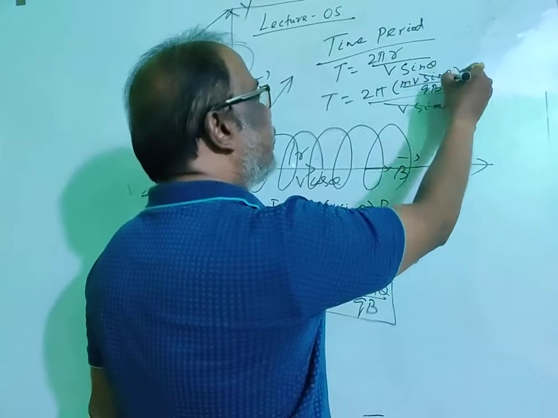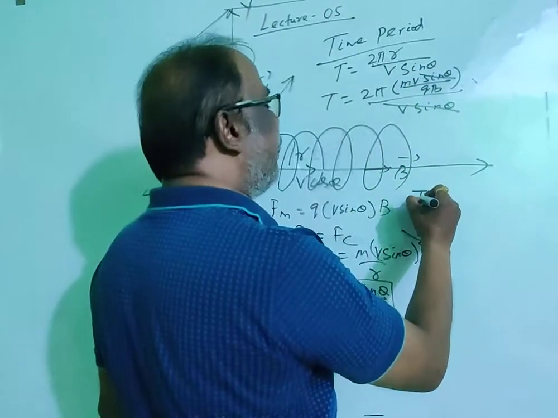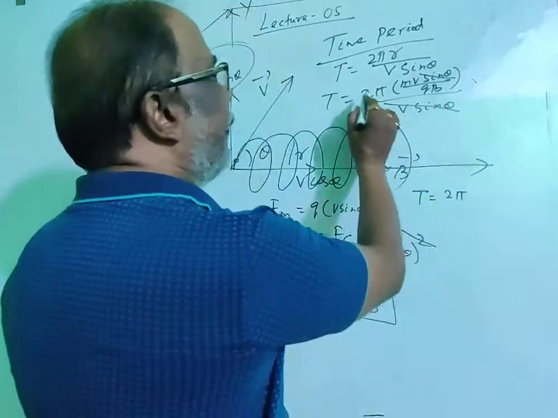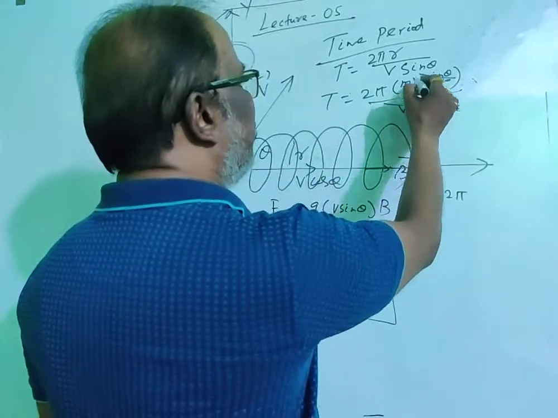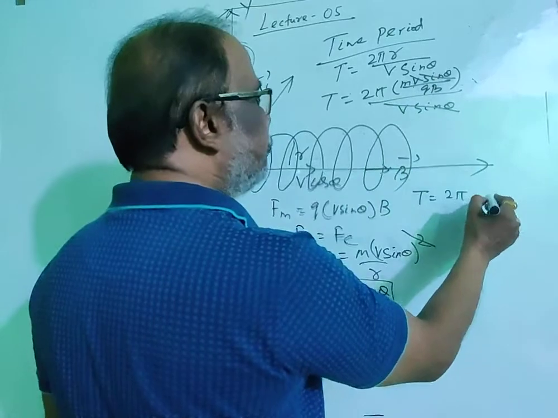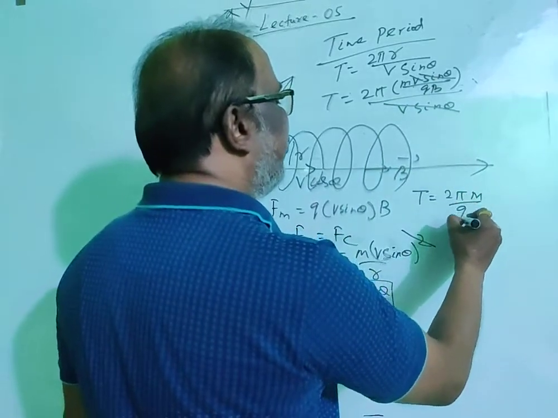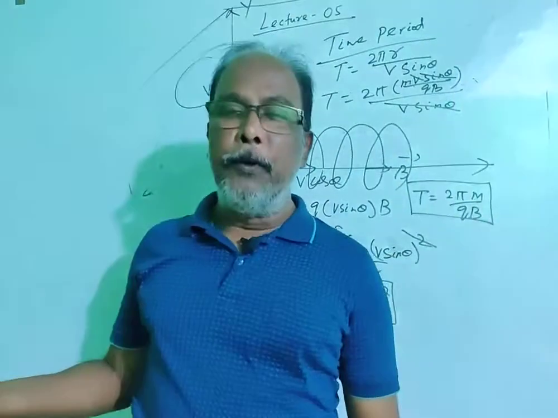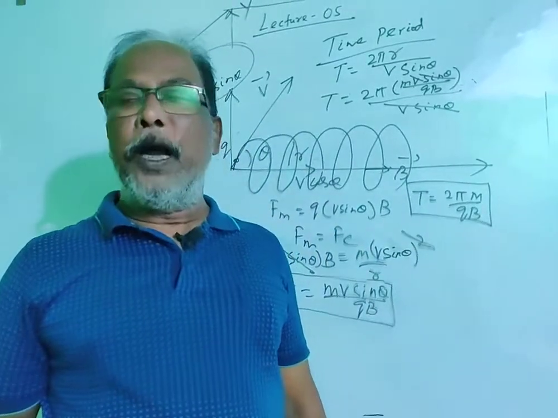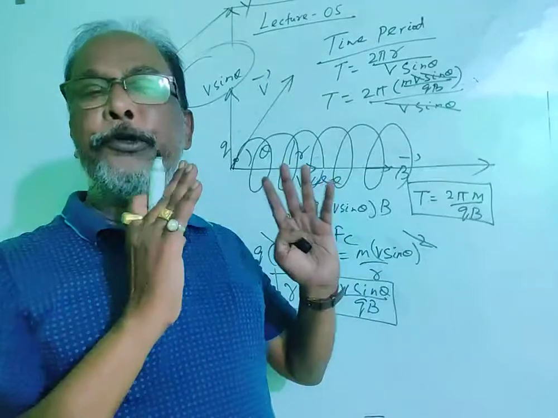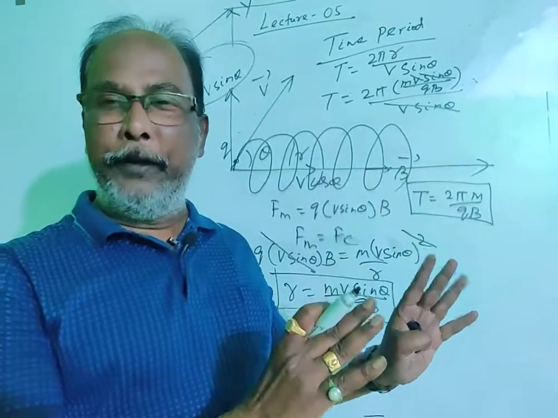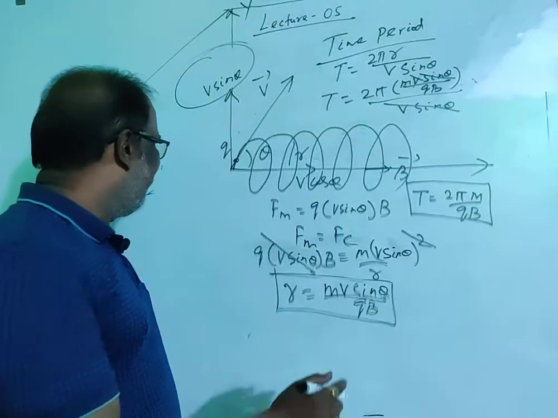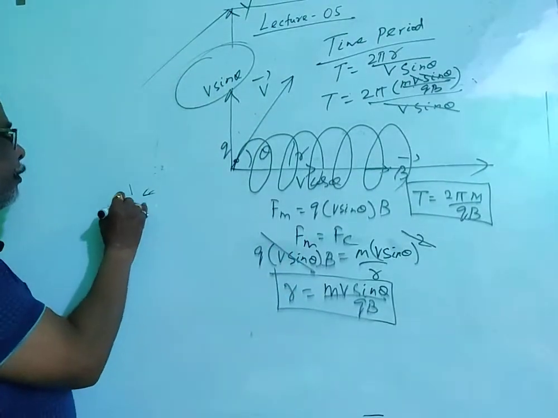V sin theta gets cancelled, and finally time period is equal to 2 pi m divided by q B. While considering circular motion of a charged particle, the time period was also 2 pi m by q B. Time period is the same.